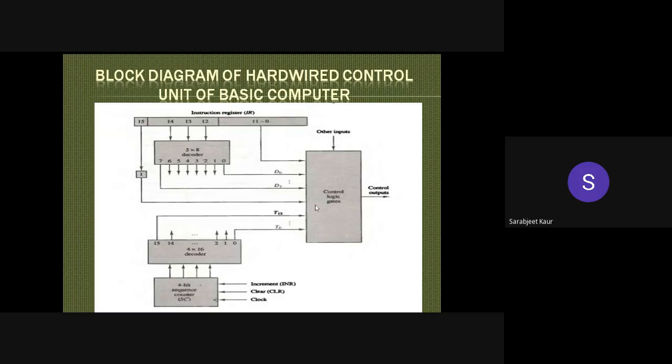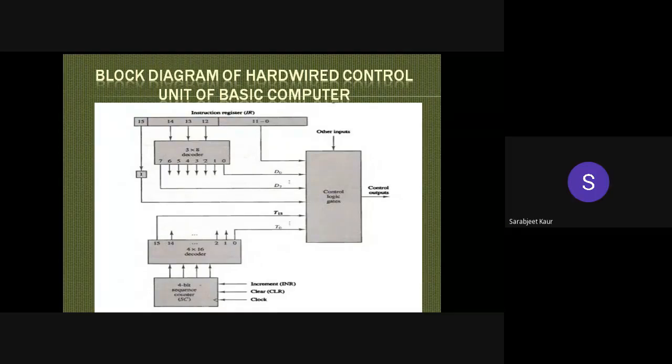And that is how these timing signals are produced synchronously with the clock. Is this clear? Yes, ma'am.